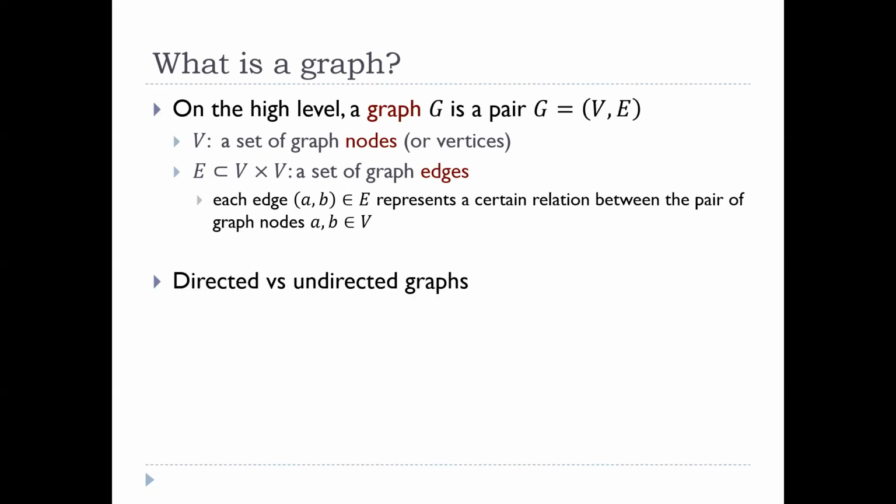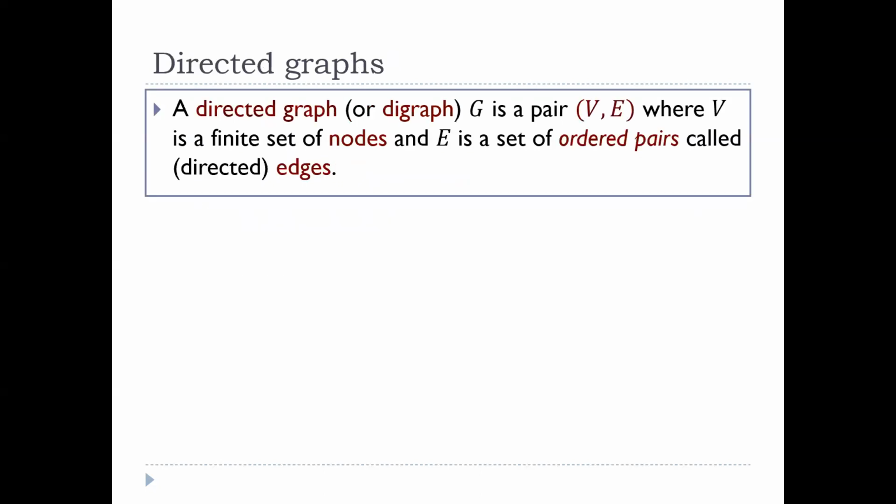Now, when we talk about graphs, the graph can be directed or undirected. We're going to introduce the concepts separately and then motivate each of them as well. So what is a directed network? A directed graph is a pair where we have a set of nodes V, and E is a set of ordered pairs, so there's an ordering between two nodes.